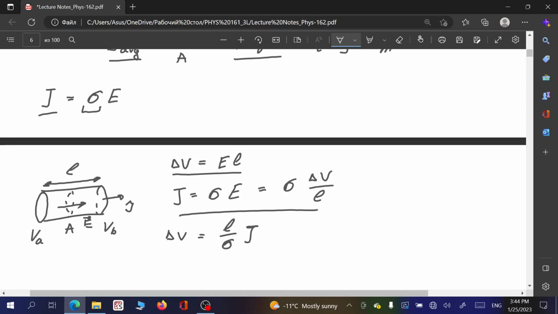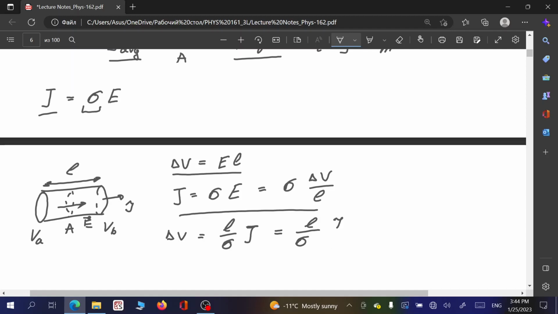Now we can also write that it will be L divided by sigma times A, which is the area of the cross section. And here, instead of J, we need to put I, because that will be just current. Maybe I will write it in a different way so it will be more clear.